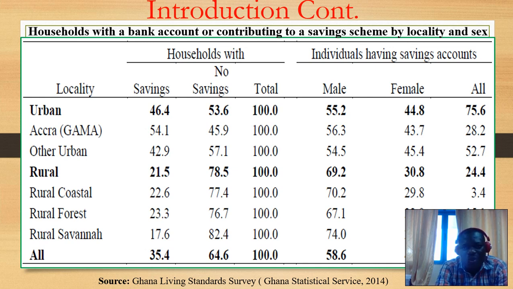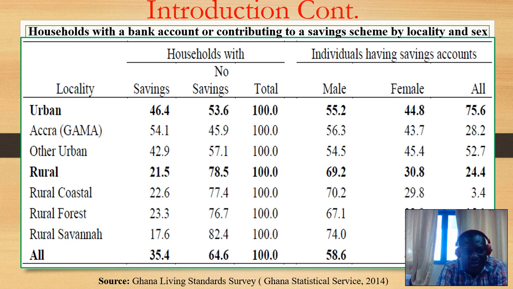The study also decomposed the finding into individual having savings accounts, which was actually decomposed into male and female. In the area of household with savings and not savings, urban areas actually provided 46.4% as those who are saving, and 53.6% are those who are not saving in urban areas.